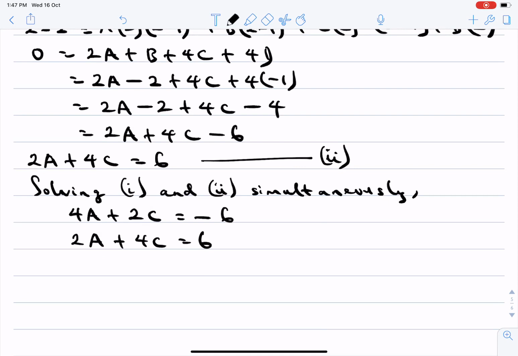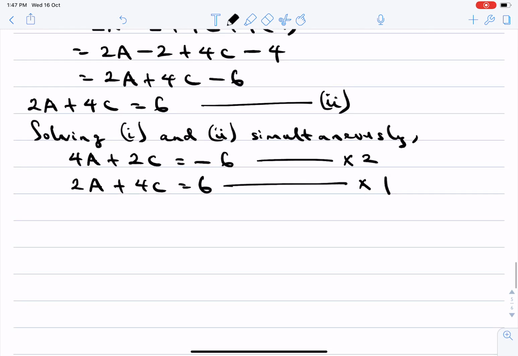So I want to eliminate c first. I'm multiplying equation 1 by 2 to make the coefficient of c in the two equations the same, and I'm multiplying equation 2 by 1. So equation 1 becomes 8a plus 4c equals minus 12.